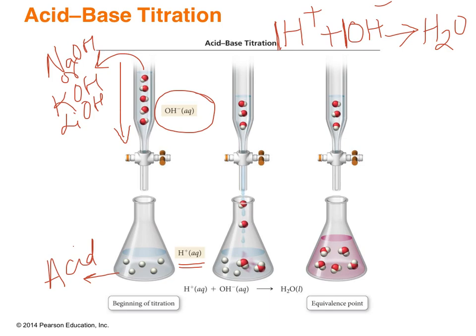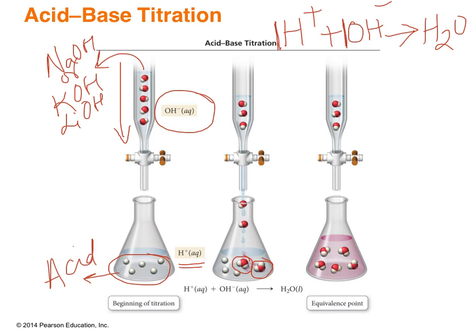So every time an OH minus comes in contact with an H plus, a water molecule is formed, right? Here we have 1, 2, 3, 4, 5 moles of OH minus shown, and here there are 5 moles of H plus.